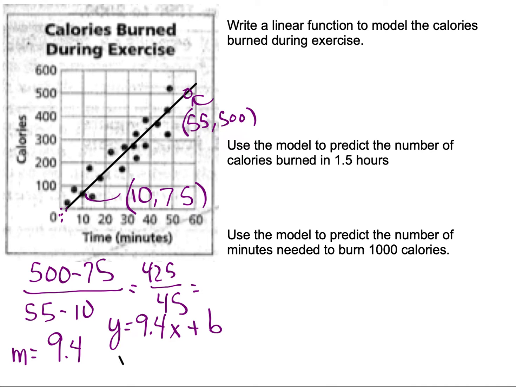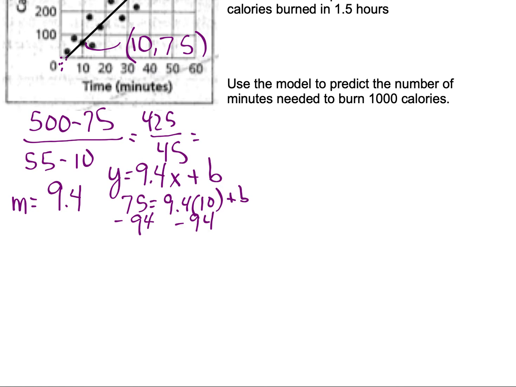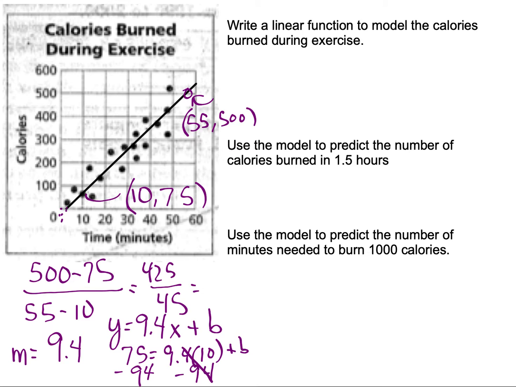So 75 for y equals 9.4 times 10 plus b. 9.4 times 10 is 94, so we're going to subtract 94 from both sides. And 75 minus 94 is -19. I said it looked like about -20, -25, so that's a pretty good estimate.